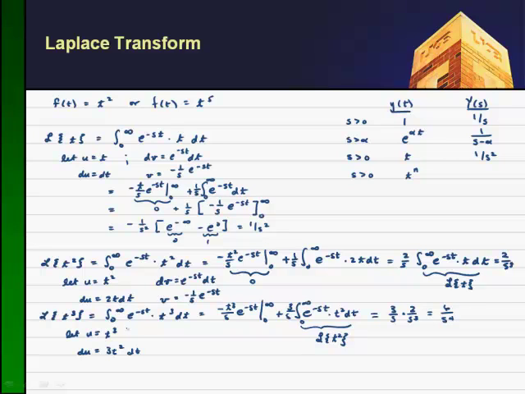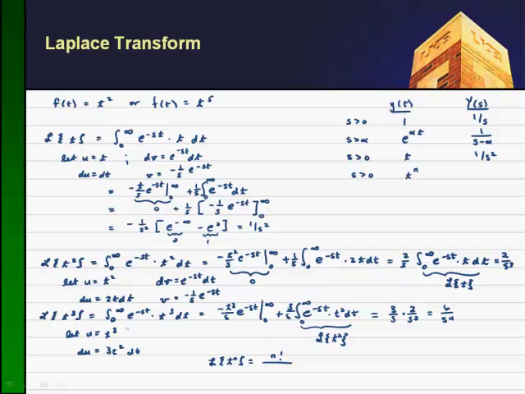But the real pattern that I want to hopefully see that has emerged is that the Laplace transform of t to any power, if I can keep on doing this, I can go to the 4th power, and then maybe it'll be a 4 times 3 times 2, and then to the 5th power, it'll be a 5 times the 4 times the 3 times the 2. So the power, I'll just write as n factorial. So in this event, I would have written 3 factorial, and I still would have gotten a 6.